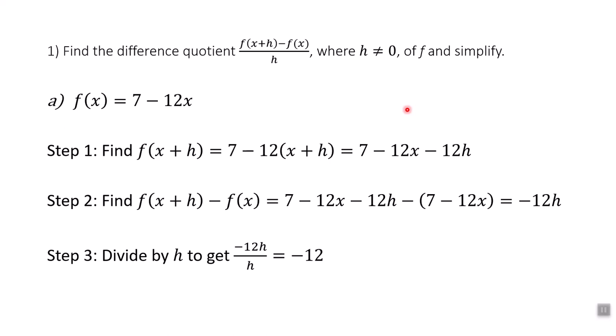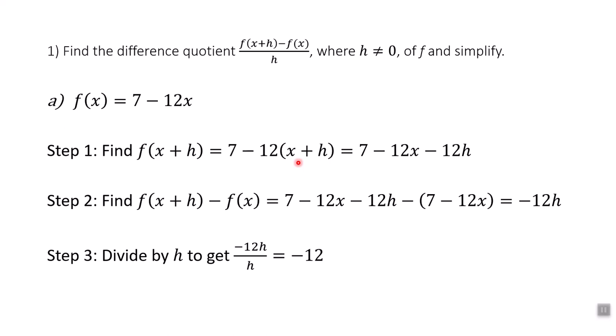So find the difference quotient, where h is not 0, of f, and simplify. Our function is given by f of x equals 7 minus 12x. Every single time we have 3 steps. First step, find f of x plus h. So everywhere we see an x, right, 7 minus 12x, we're going to replace that x with parentheses and call it an x plus h.